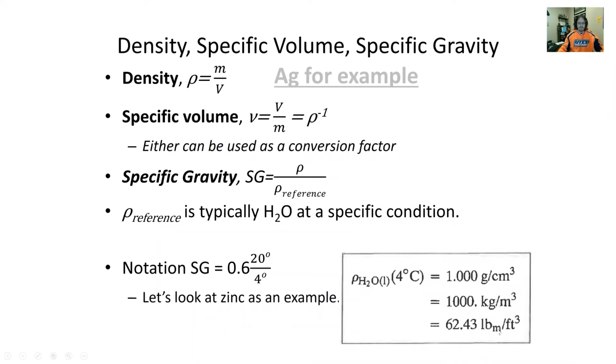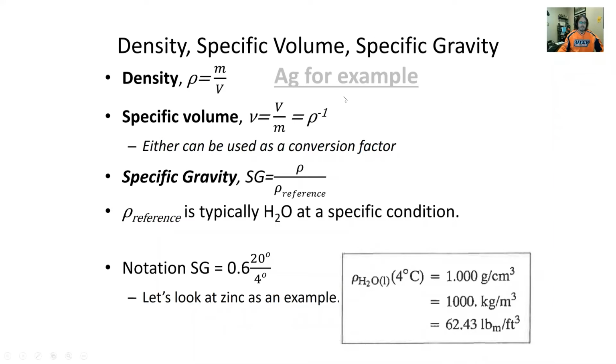It's always pounds mass, because there's also pounds force. The density of water, we know this, is 1 gram per cubic centimeter. That translates into 1,000 kilograms per cubic meter, which becomes important when we're doing calculations of bigger quantities, and also 62.43 pounds mass per cubic foot.